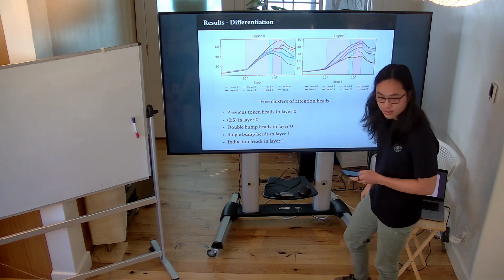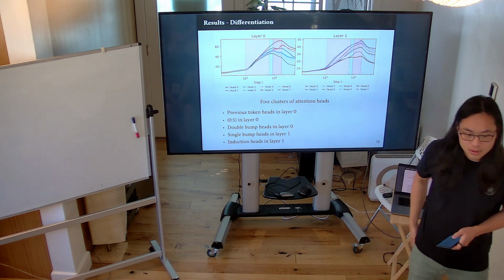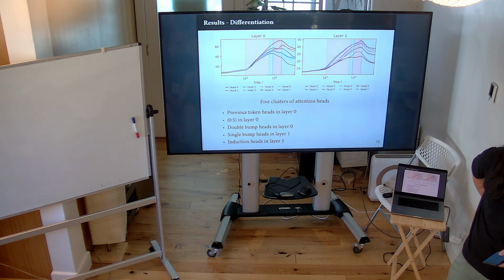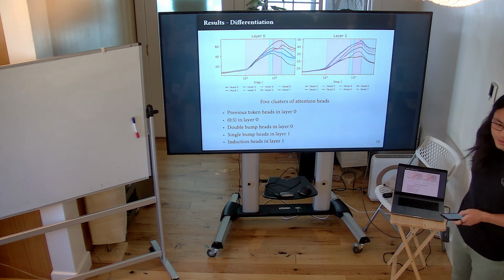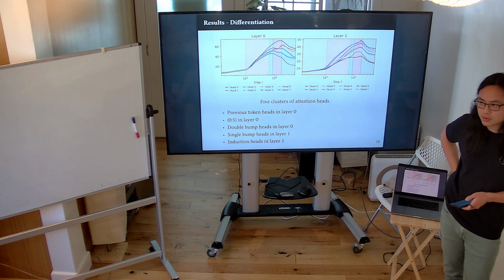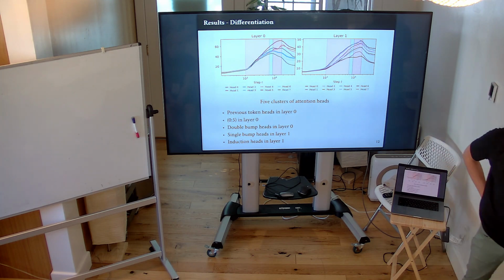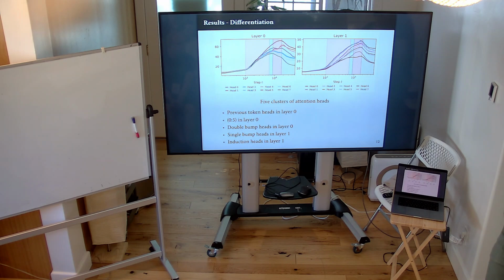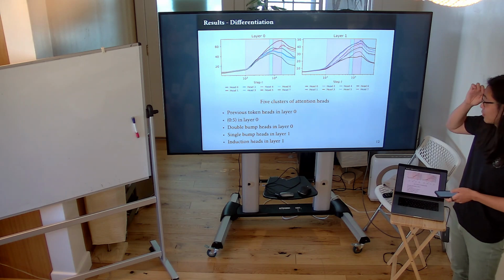Sorry, George, can you give us a sense of how large the model is? Yeah, it's an attention-only 2-layer transformer. The total parameter count is about 3 million.